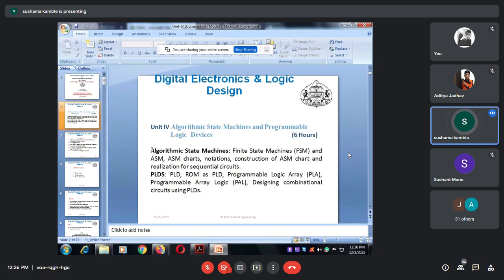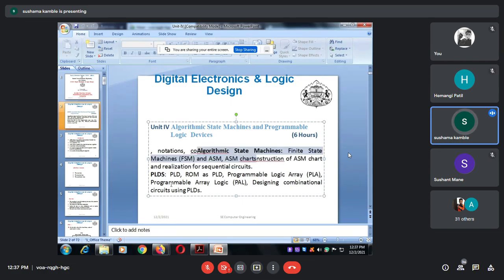ENTC students, this is your fifth unit, in which you have to study the FSM and ASM chart. And the next unit is PLD, ROM, that is the programmable logic devices. In that you have to study the devices and ROM, RAM, semiconductor memories, programmable logic array, programmable array logic, that is PLA or PAL.